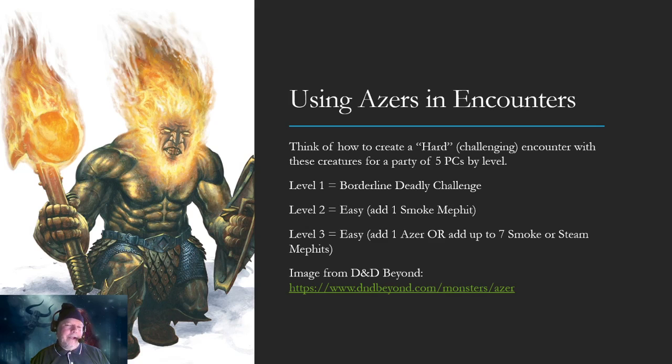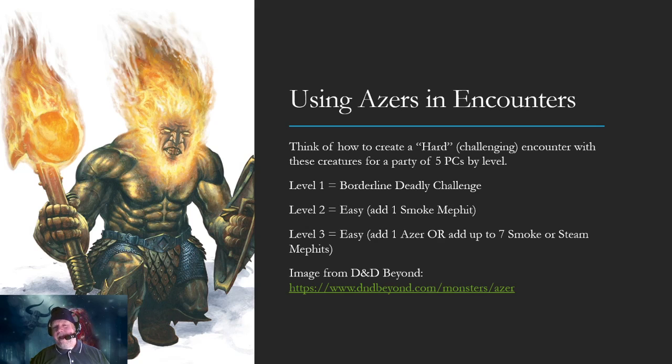And if you want to make it a hard encounter, add one smoke mephit, which is another type of elemental creature that comes from the zone that is the border between the elemental plane of fire and the elemental plane of air. And then if it's a level 3 party, you can add a second Azer to make it a hard encounter.